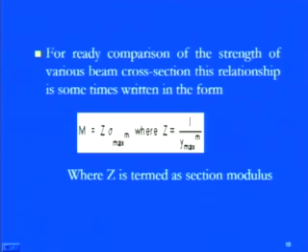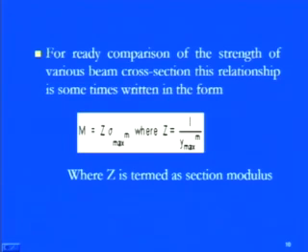So once you calculate that one, and once you know what the I is, you can simply compute the section modulus, and then whatever the bending moment is coming, which is always maximum, is focused on the section modulus into whatever the maximum stresses are coming.